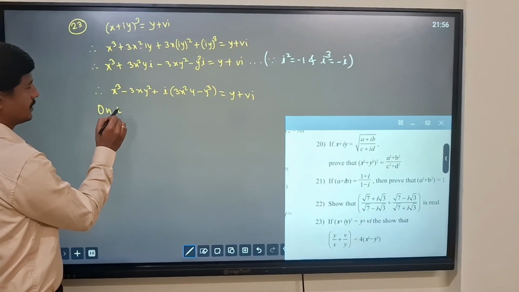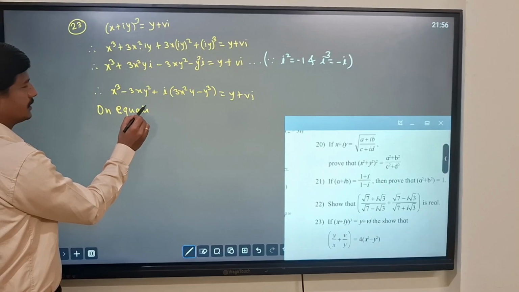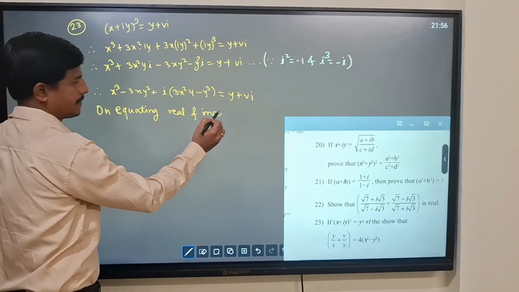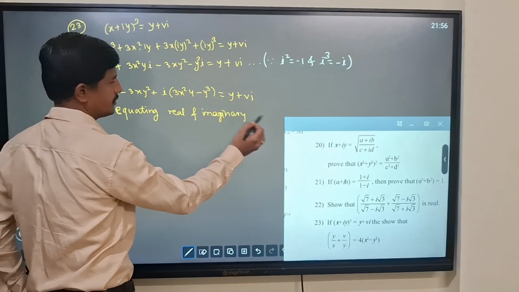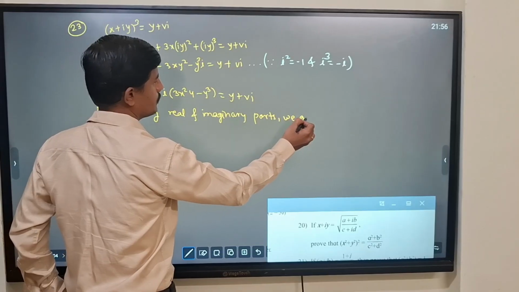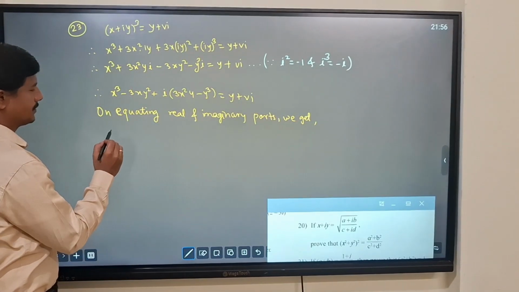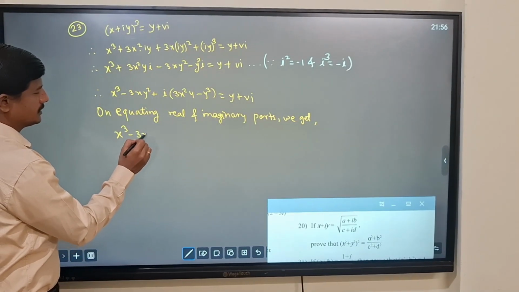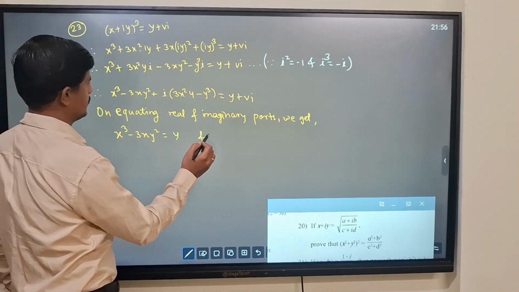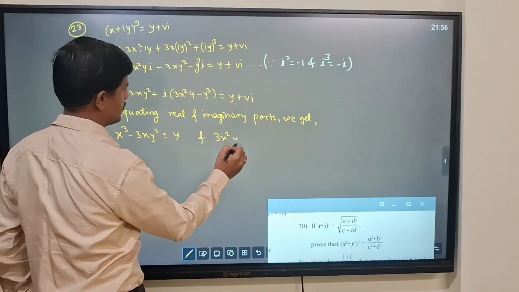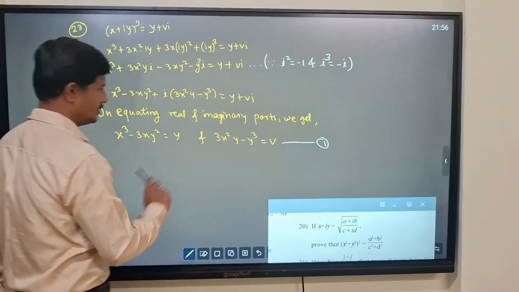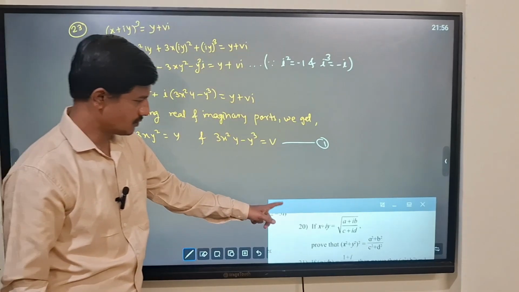On equating real and imaginary parts, we get x cube minus 3xy square is equal to y and 3x square y minus y cube is equal to v. These two are equation 1.